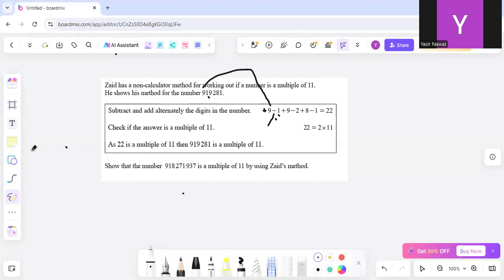So 9 is positive, then -1, then +8, then -2, then +7, then -1, then +9.